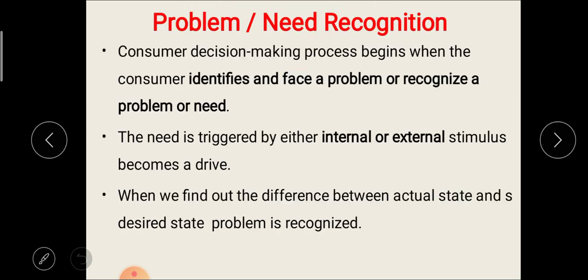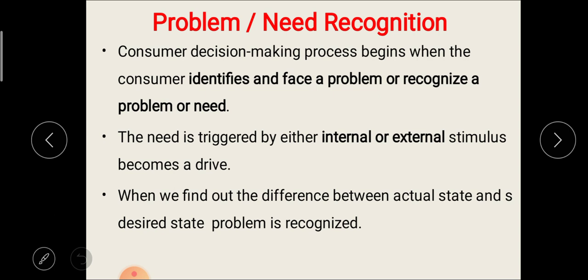So the first stage is problem or need recognition. Okay, so whatever the consumer decision making process, this decision making process begins when the consumer identifies or faces the problem or recognizes the need.